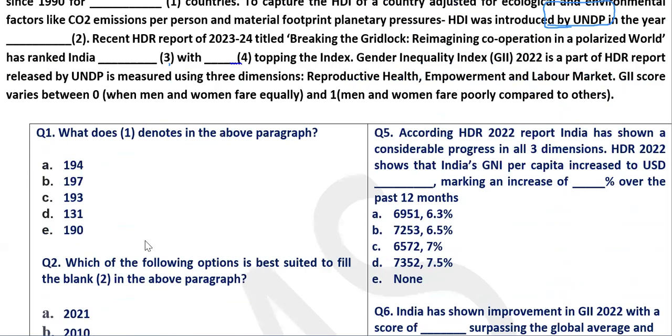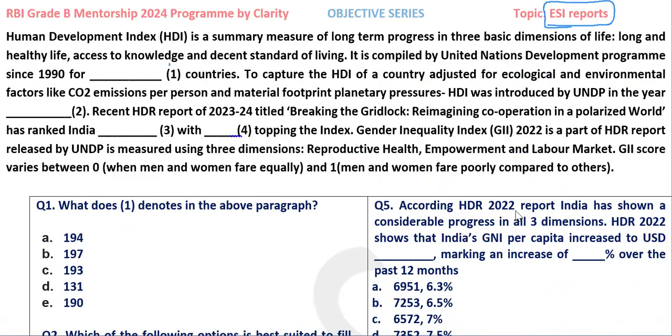Next, students, according to the HDR 2022 report, India has shown considerable progress in all three dimensions. HDR 2022 shows that India's GNI per capita increased to USD dash, making an increase of dash percent over the past 12 months. The question is, how much is the GNI per capita in purchasing power parity terms, and by how much percent has it increased over the past 12 months?